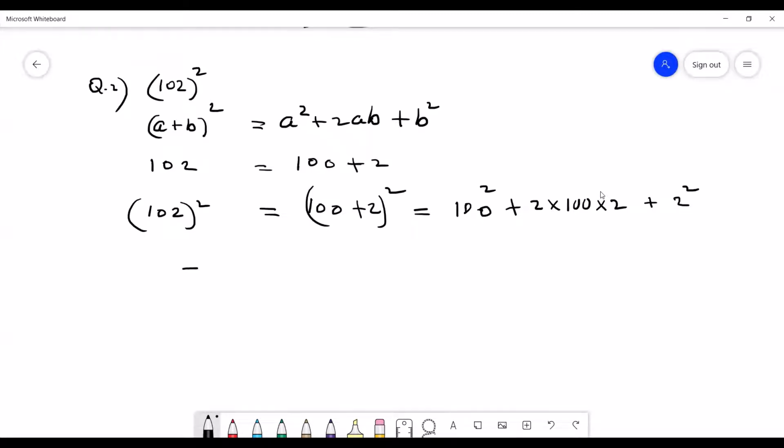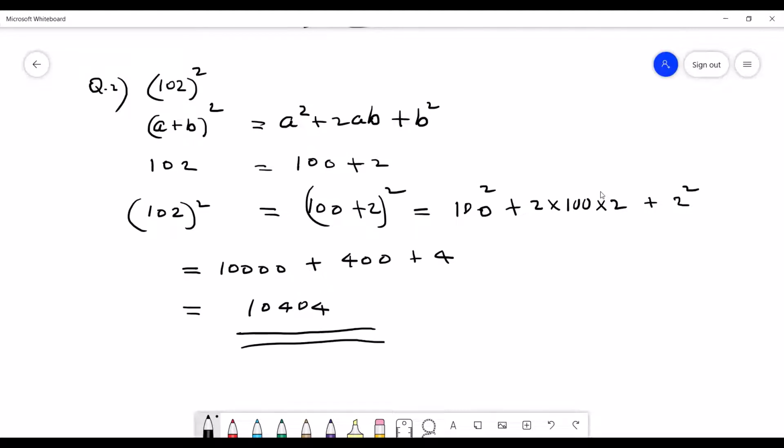So how much is it coming? This will be 10000 plus 400 plus 2 into 2 is 4. So this will be 10000 plus 400 plus 4, and we can easily solve this: 4, then 0, then 4, then 0, then 1. So we are getting it as 10,404.